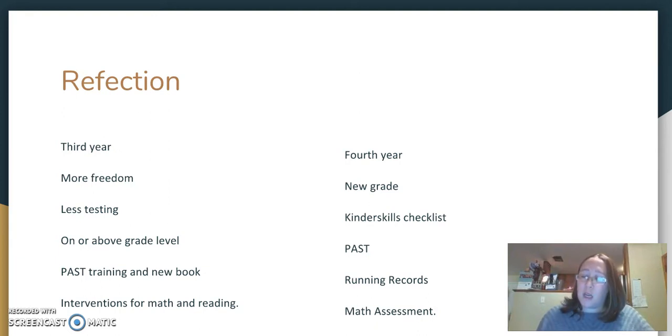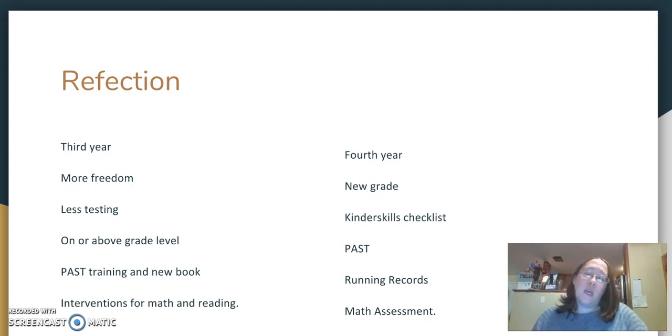In the 4th year, I got into a new grade, and in this grade I feel like I'm using more data to help my students, especially with the Kinder Skill checklist. I have been able to put my groups together: these students already know their sounds and letters, so they can be in this group and I can start working on more reading skills.